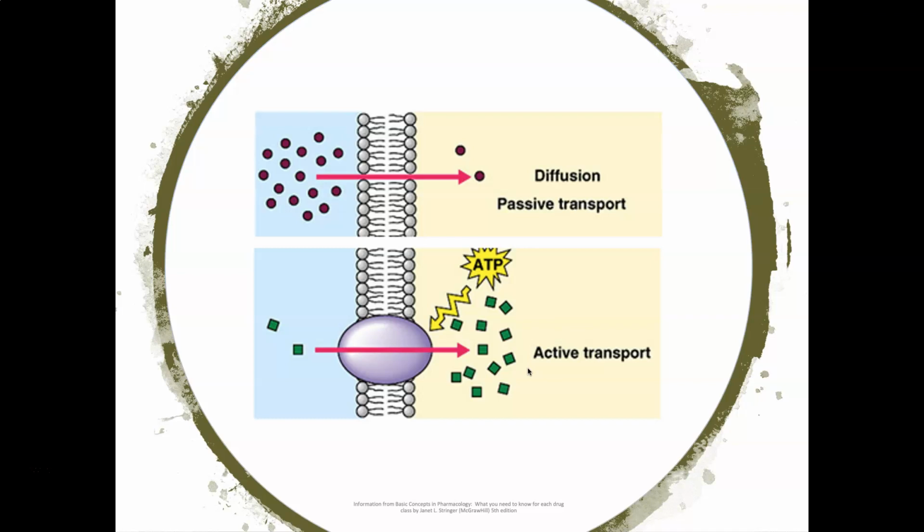If this drug crosses the brain cell membranes through passive transport, diffusion, it just happens. If, however, it needs active transport, then the brain cells are going to have to release energy that they've got in the cell in order to get those drug molecules across that membrane. So that's the only difference, is that active transport requires the cell to release energy in order for it to cross the membrane.